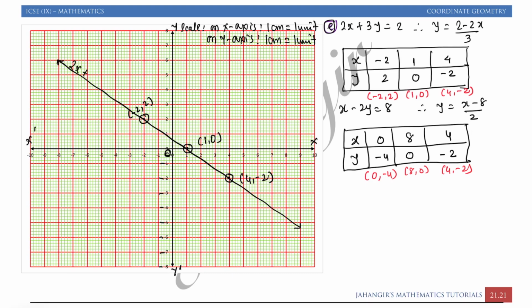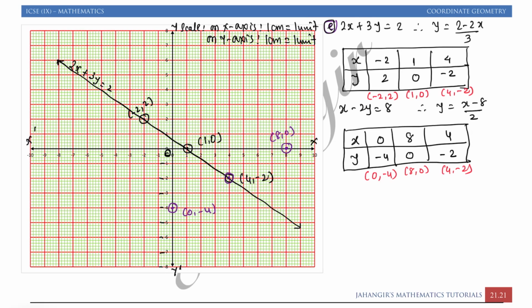Write the original equation, 2x plus 3y is equal to 2. This part is done. Now we will take the 3 points of the second equation. First is (0, -4), so it will lie on the y-axis. Then (8, 0), which lies on the positive x-axis, and (4, -2), that is already plotted.